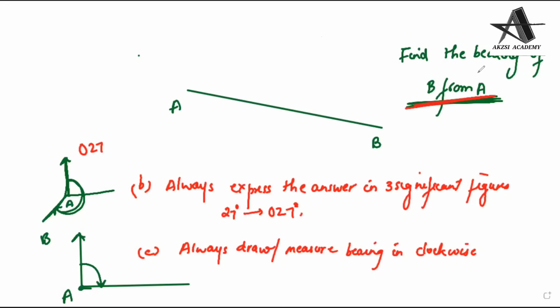If they're asking B from A, that means whatever letter is written after the word from, that is where you have to draw the north line. They are asking B from A, which means you are supposed to draw a north line at A. So from A means draw a north line at A. That's the important thing.